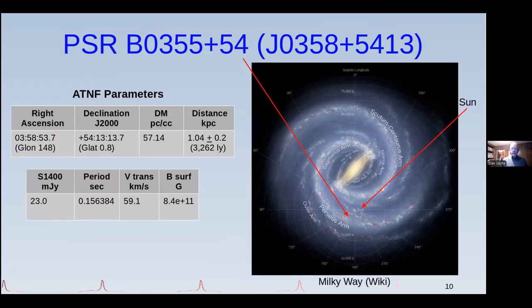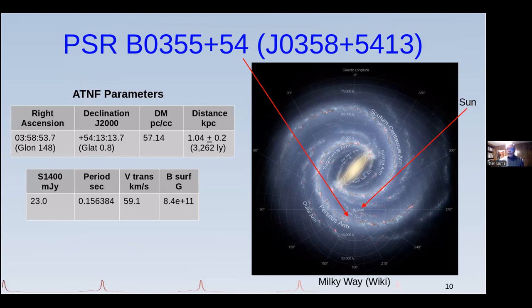Now, for this particular pulsar, here are the parameters of interest. The distance is a little over 1 kiloparsec, 3,200 some light years away. It's in the direction of the Perseus arm.